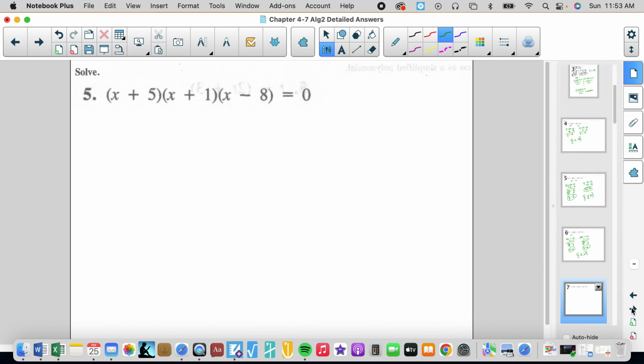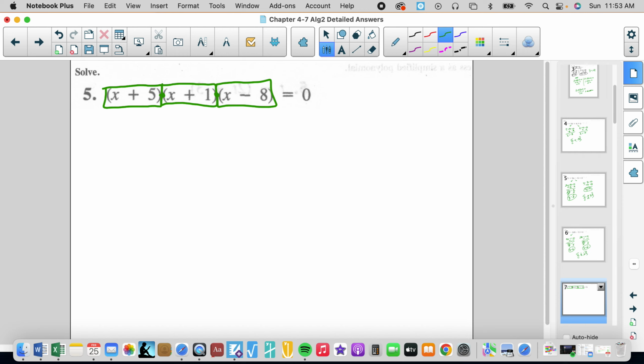And as we know, what if we have 3 binomials? Well, again, all 3 of those are multiplying each other. As long as they're multiplying, we know that one of them must be 0. That's the only way you can get 0. Inverses, negatives don't make 0.